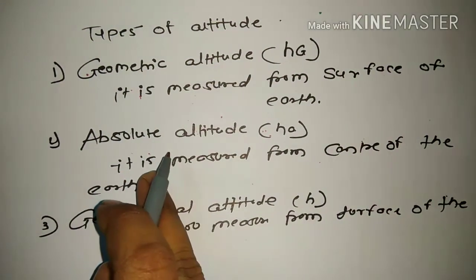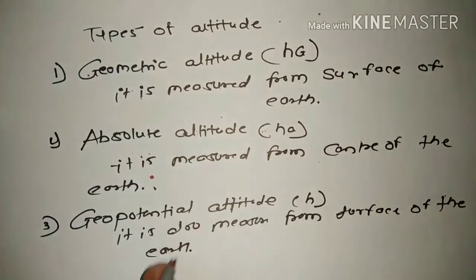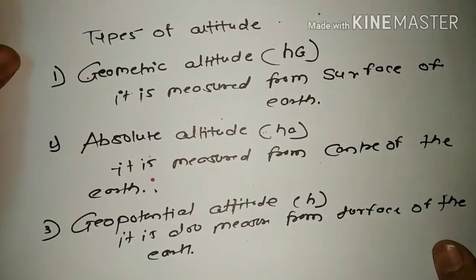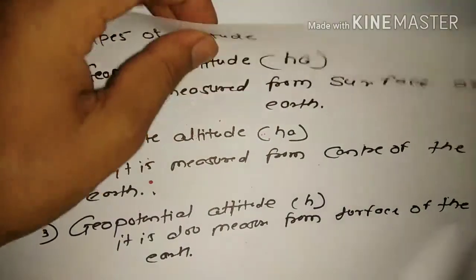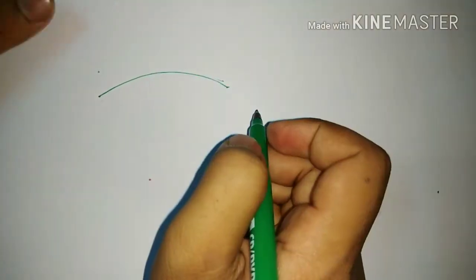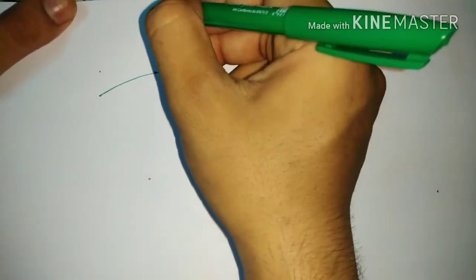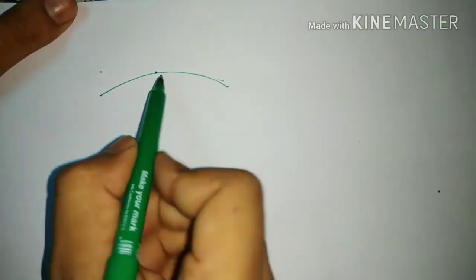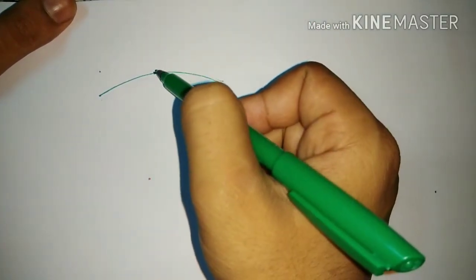Absolute altitude is measured from the center of the earth, but what is the difference between geometric and geopotential? Let us see. This is the earth, and as we go up from the earth, the gravity gets weaker and weaker.